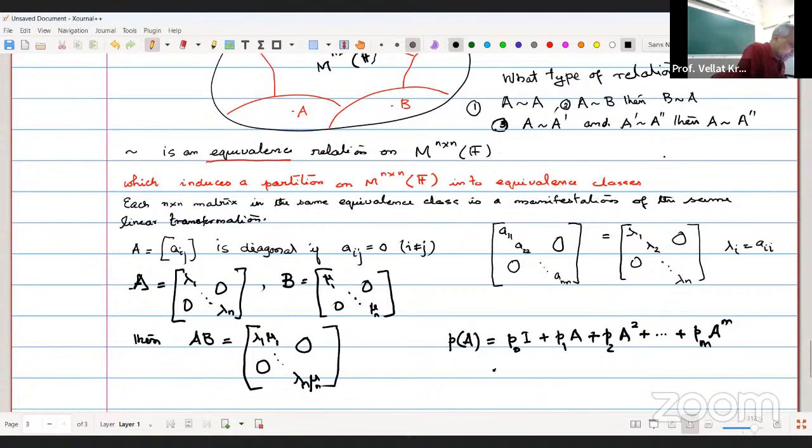And this actually takes the form of a diagonal matrix, which is given by P(lambda 1) up to P(lambda n), where P is given by P0 plus P1 t plus etc.